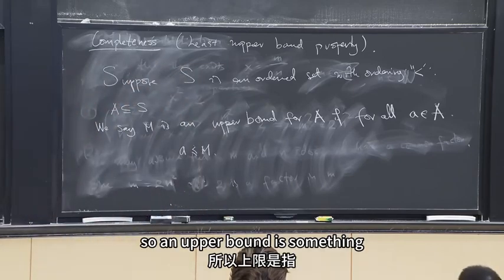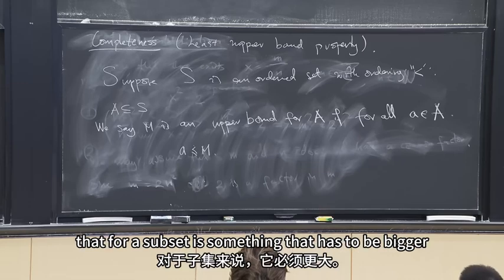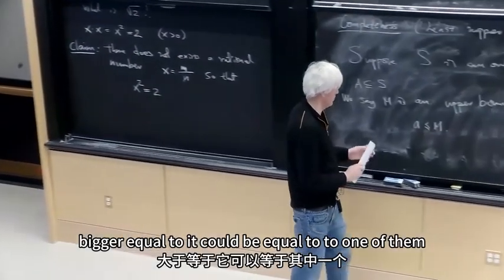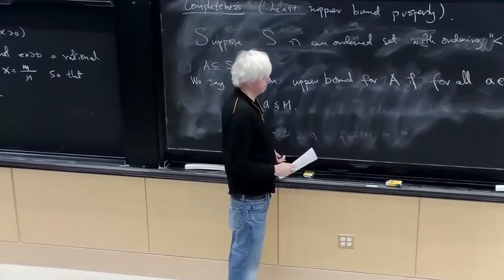So an upper bound is something that has to be bigger than all the elements in the subset. Bigger or equal to, it could be equal to one of the elements.